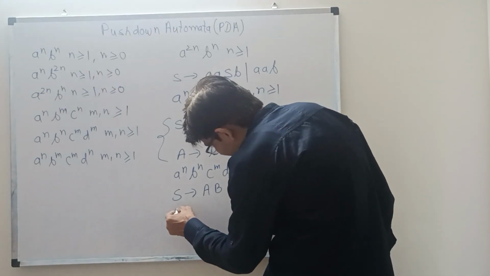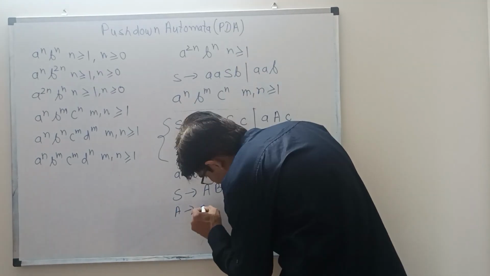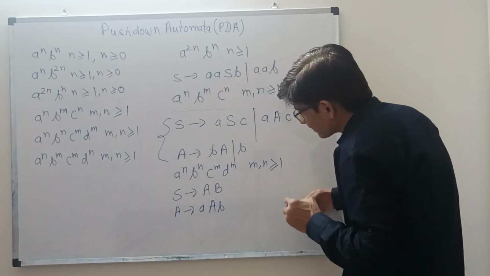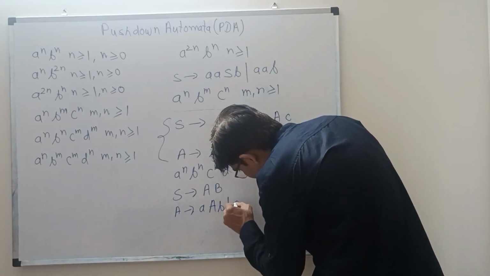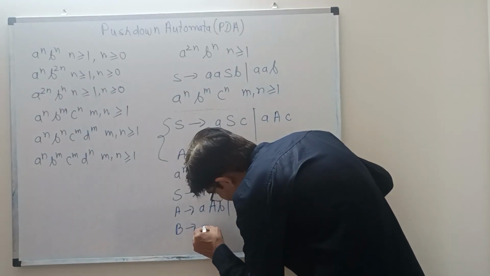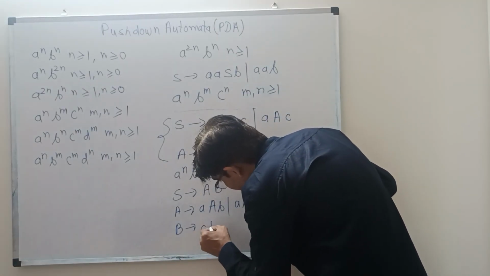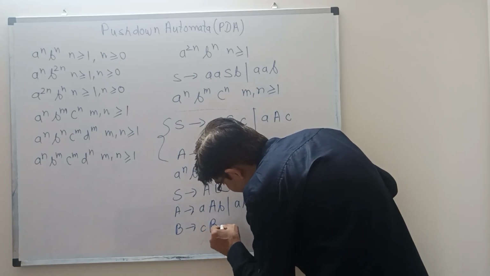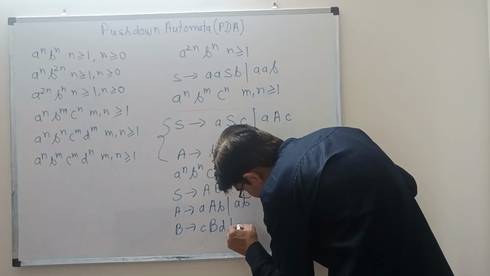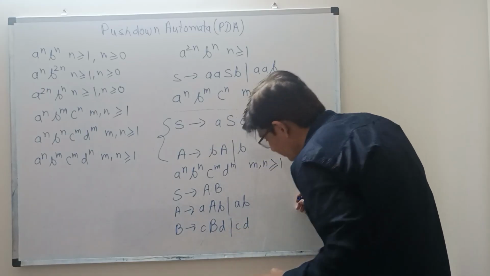Now we can write the production of A as aAb and ab, and the production of B as cBd and cd.